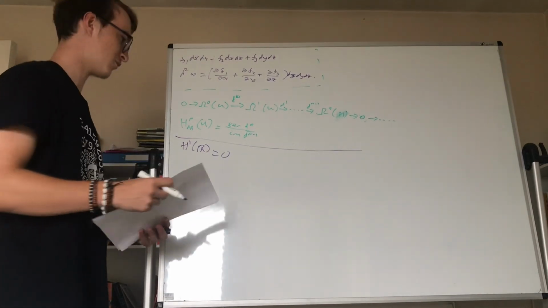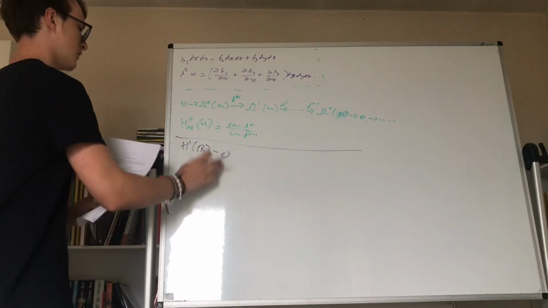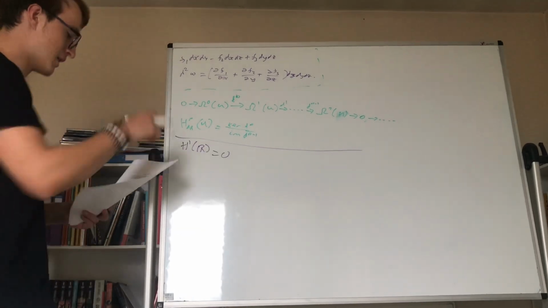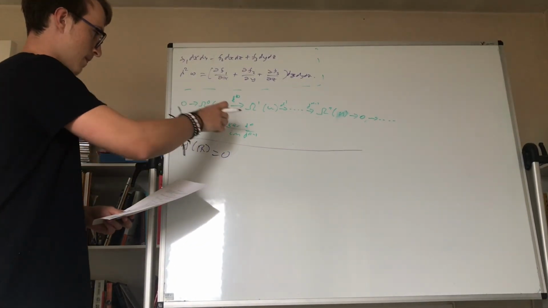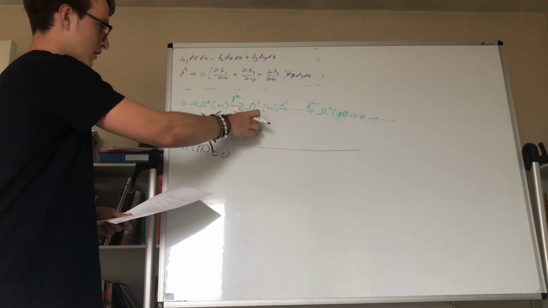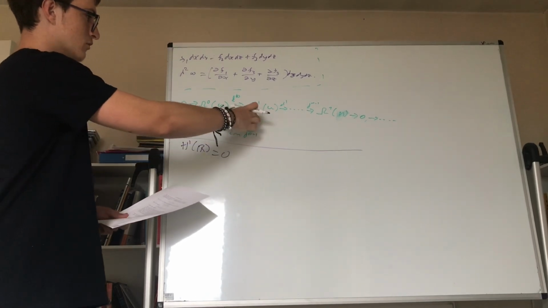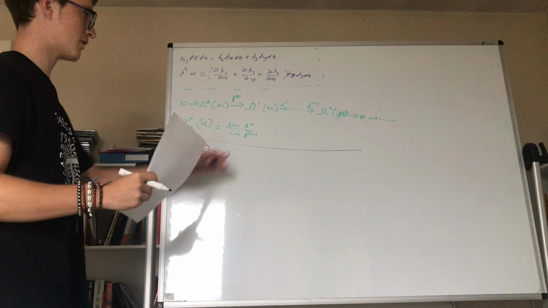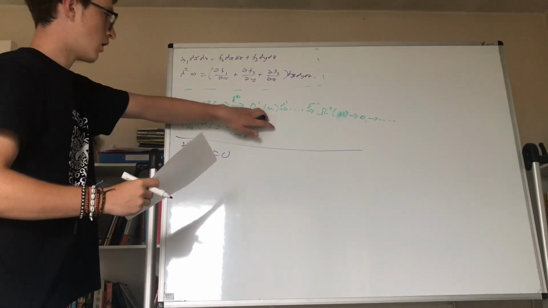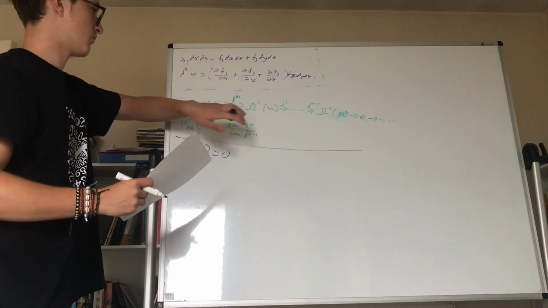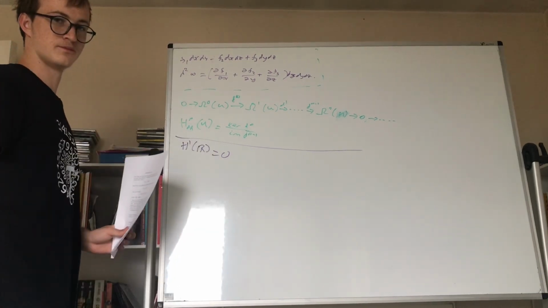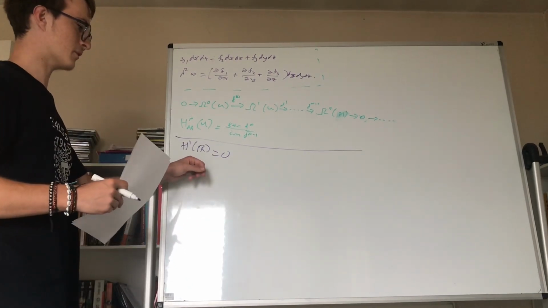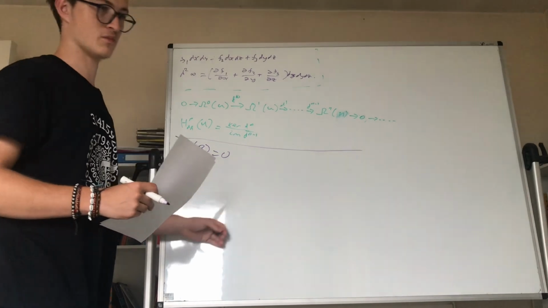So let's see why. Let's investigate this. We're taking the kernel, but the kernel is going to be the whole of this thing, because anything above a 1-form on the real numbers is just going to be 0.